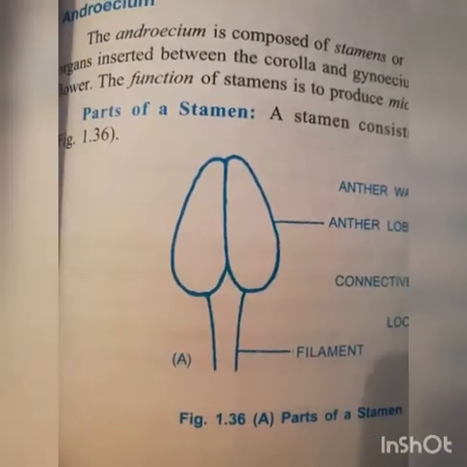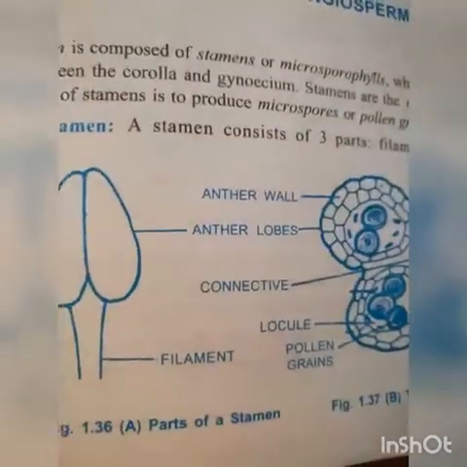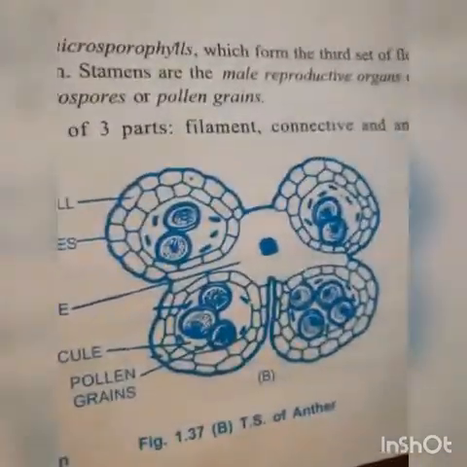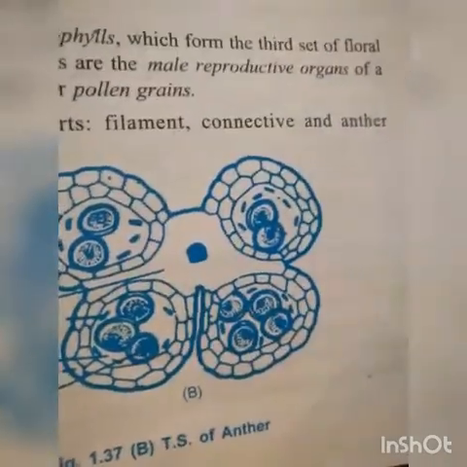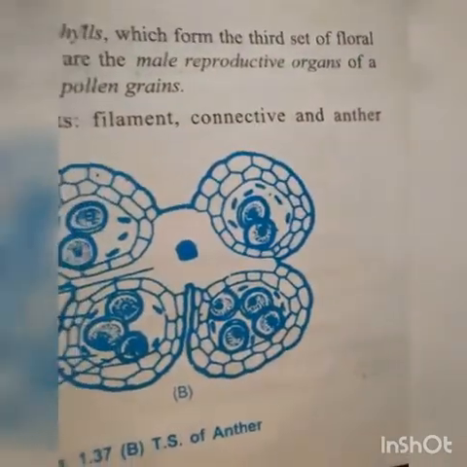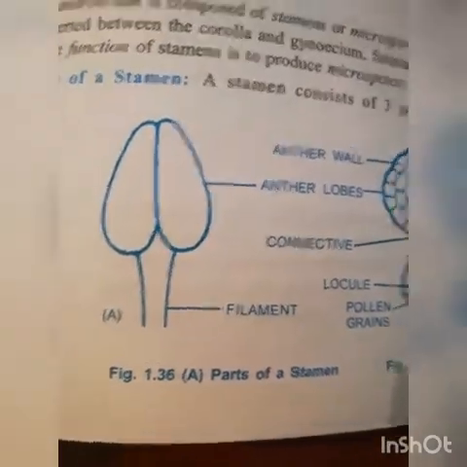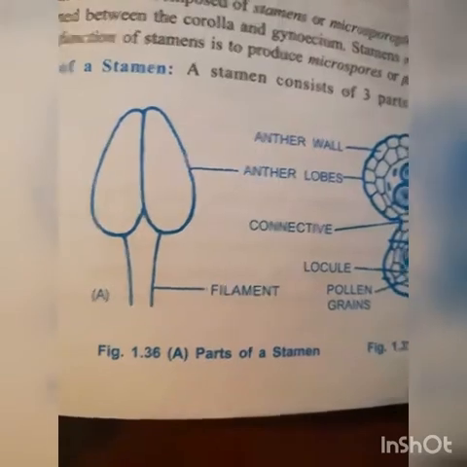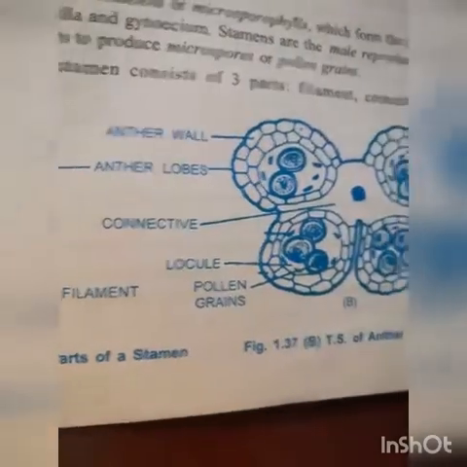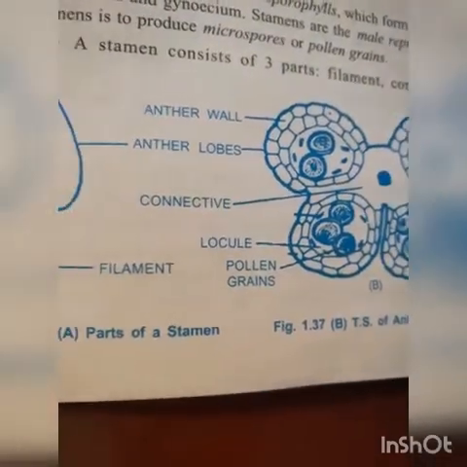Parts of a stamen. A stamen consists of three parts, that is filament, connective and anther.